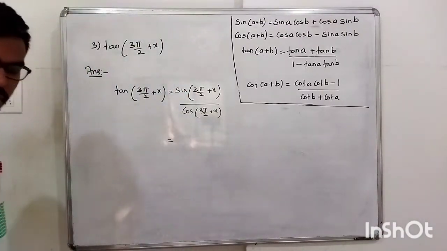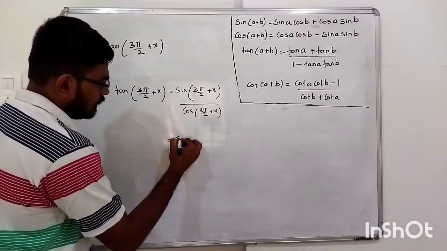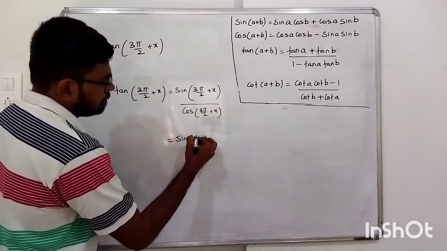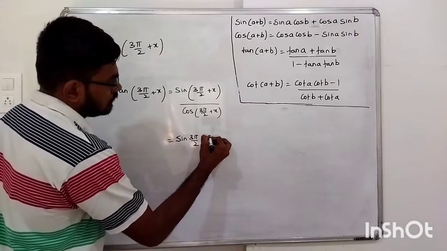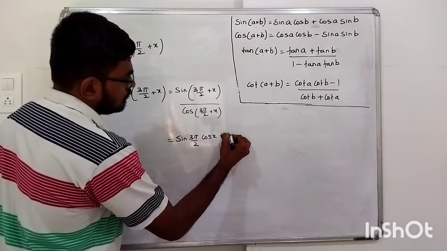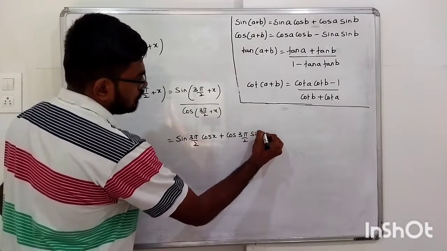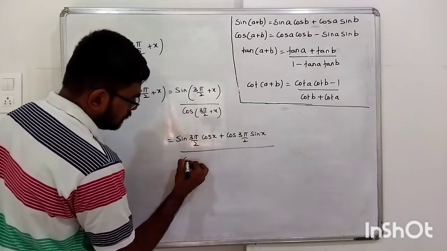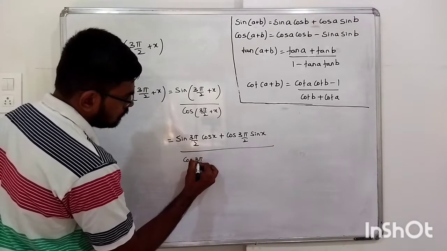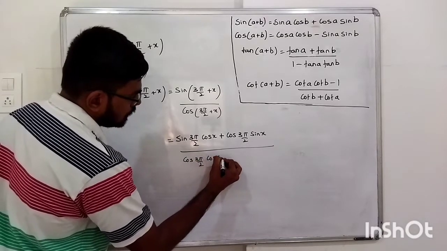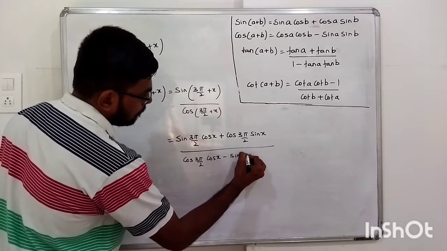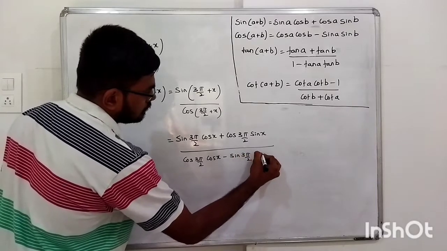So sine of 3 pi by 2 plus x is sin 3 pi by 2 cos x plus cos 3 pi by 2 sin x. And cos of 3 pi by 2 plus x is cos 3 pi by 2 cos x minus sin 3 pi by 2 sin x.